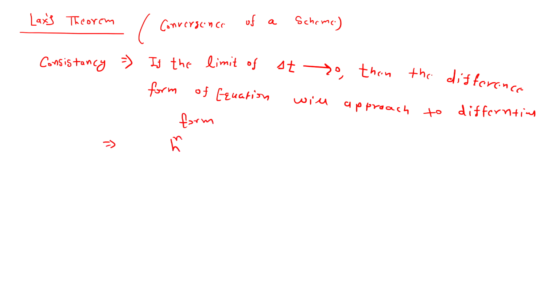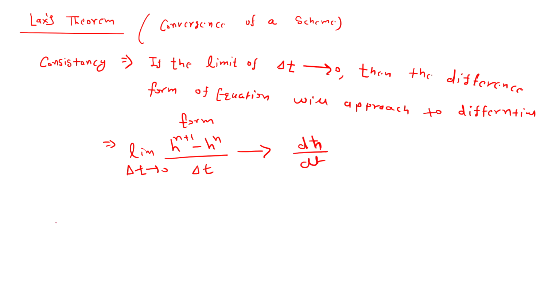That (h^(n+1) minus h^n) divided by delta t, in the limit delta t tends to 0, should approach dh by dt.